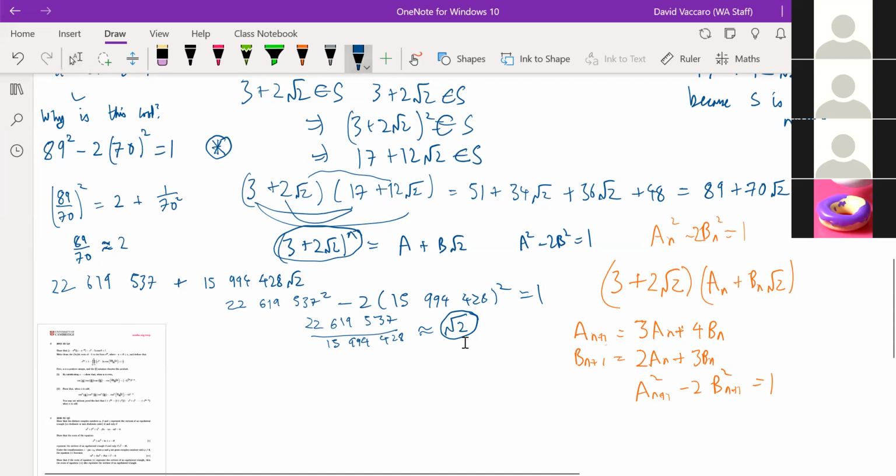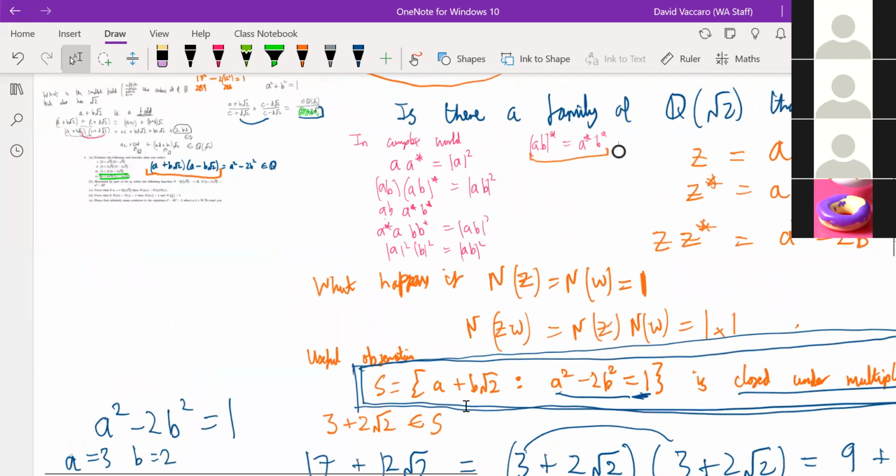If you've ever looked at that math question and thought, where did Mr. Matt, the person who wrote the math paper, get this recurrence relation from? This is the algebraic structure that lies behind it.